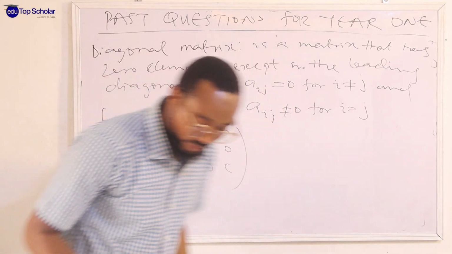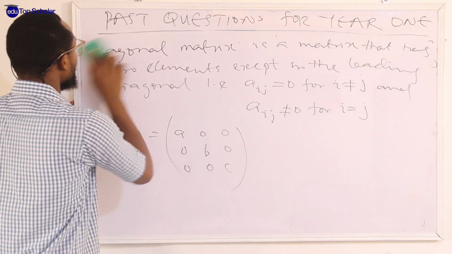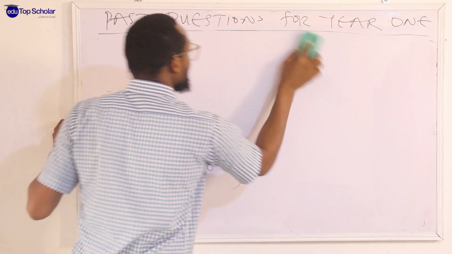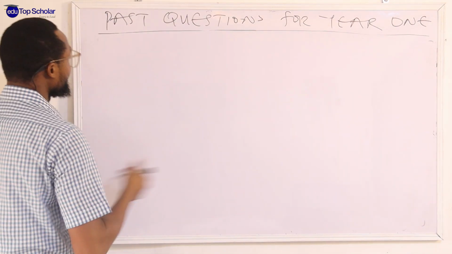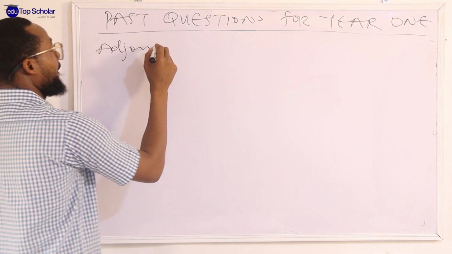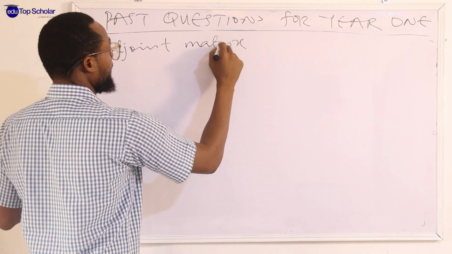3. Adjoint matrix. The definition for adjoint is based on the cofactor matrix.